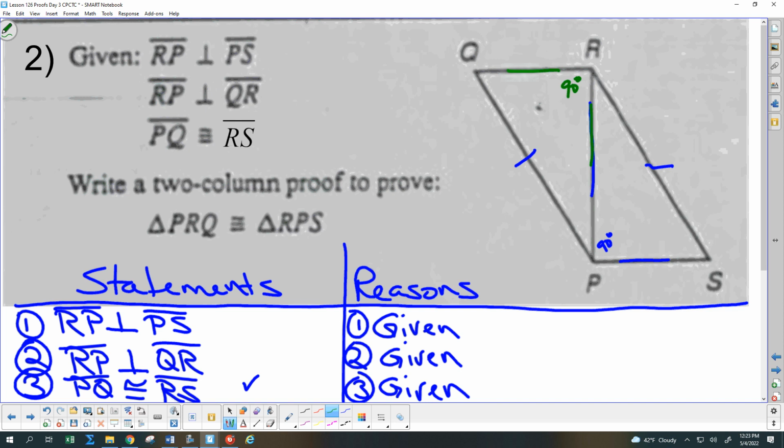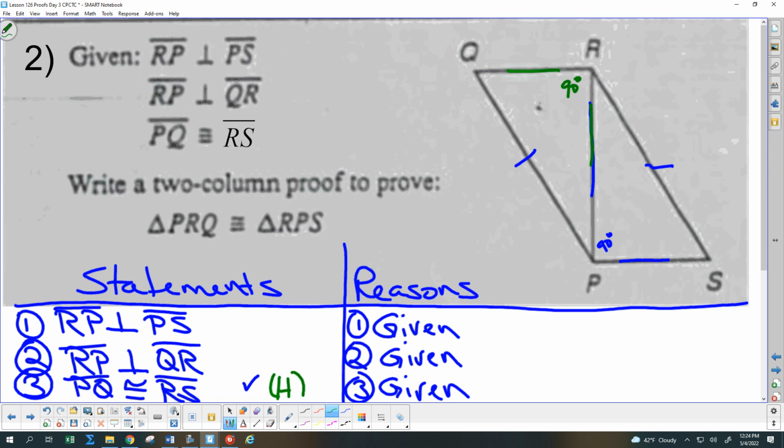Do you want to do the leg with the reflexive property next, or do you want to get in the proof that we have right triangles? Okay, I heard somebody say we want to get the right triangles in there first. We know we've got these that are going to end up being hypotenuses already listed in there.